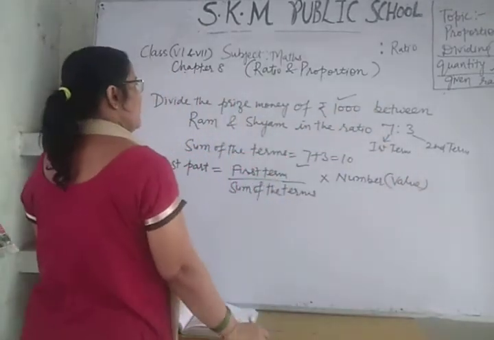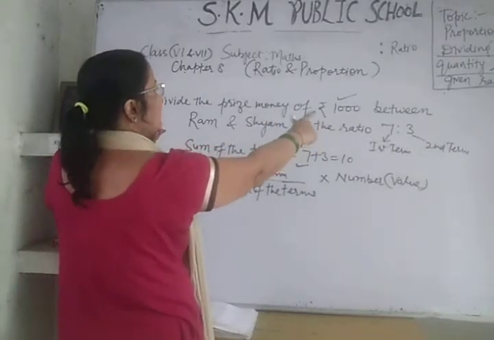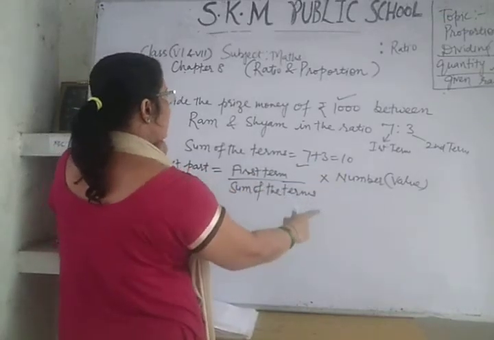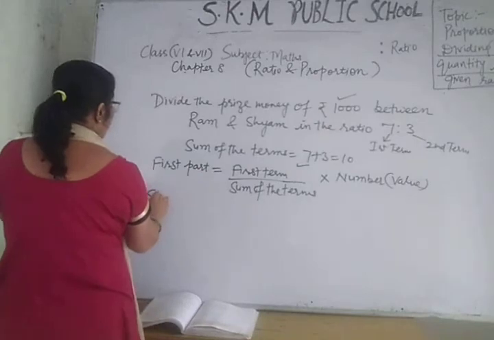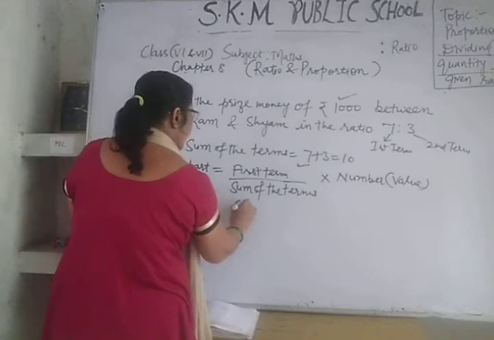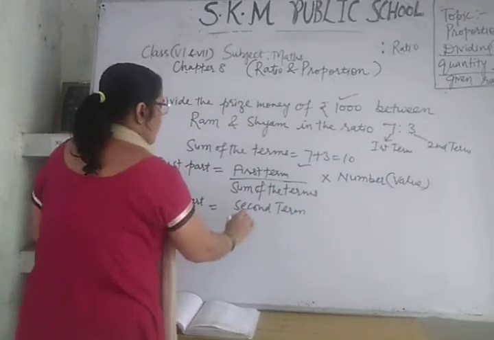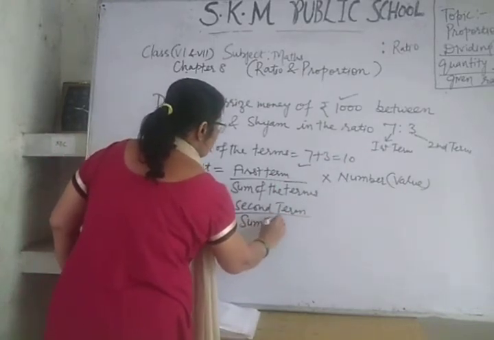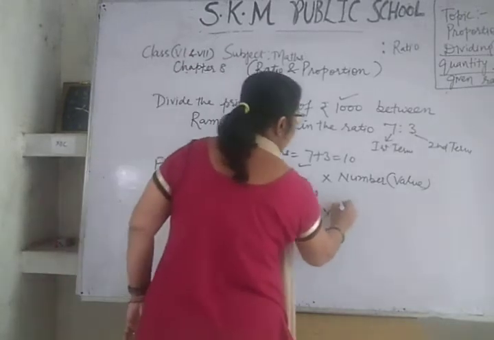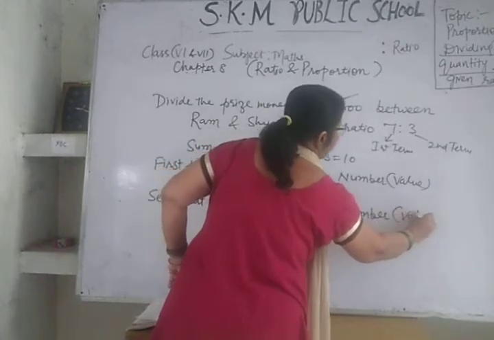Here it is rupees 1000, which will be divided between two persons, Ram and Shyam. Then the second part will be the second term, that is 3, divided by the sum of the terms, into the number or value. The value is rupees 1000.